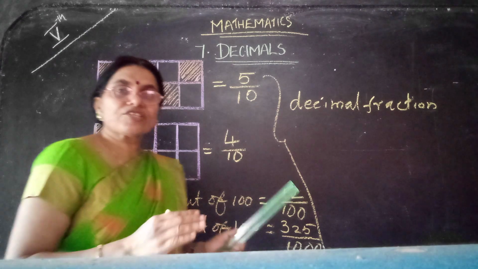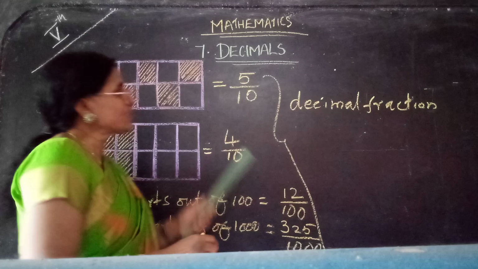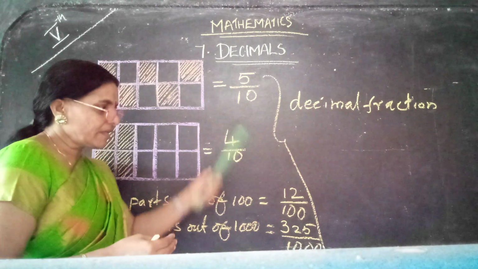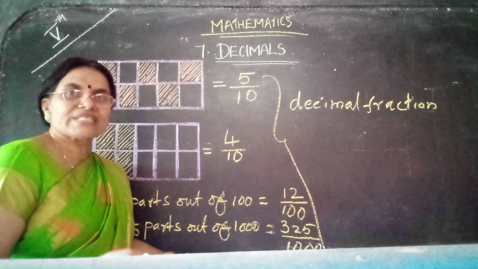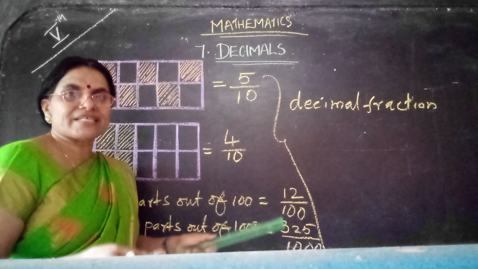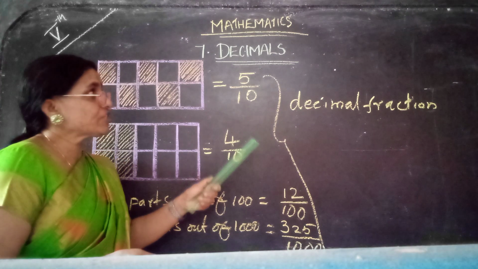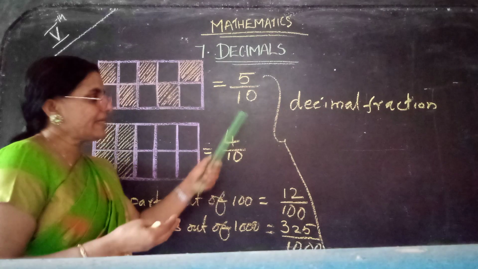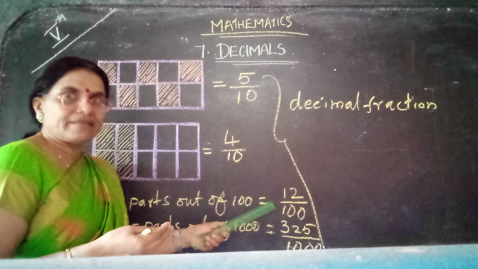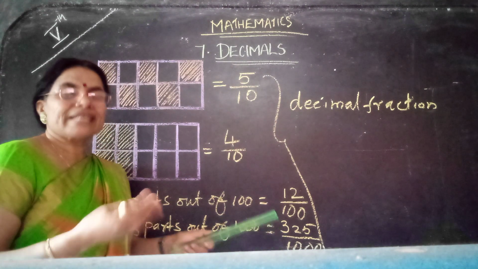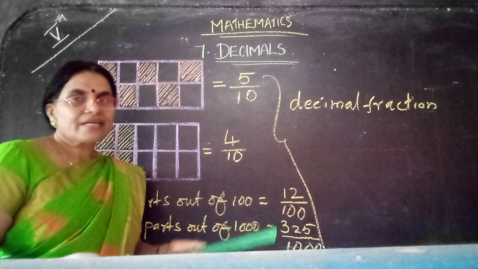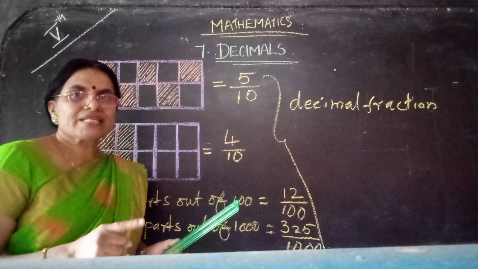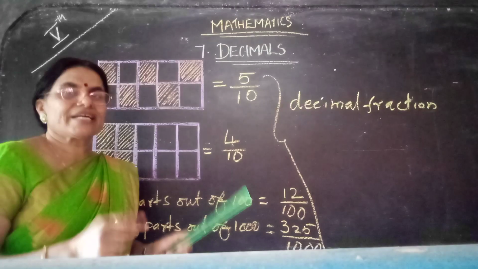What is that? Decimal fraction. A decimal fraction is a fraction whose denominator is either 10, 100 or 1000 or 10,000, etc. Clear, children? Okay, do you feel happy? Yes. Let us move to the next condition.